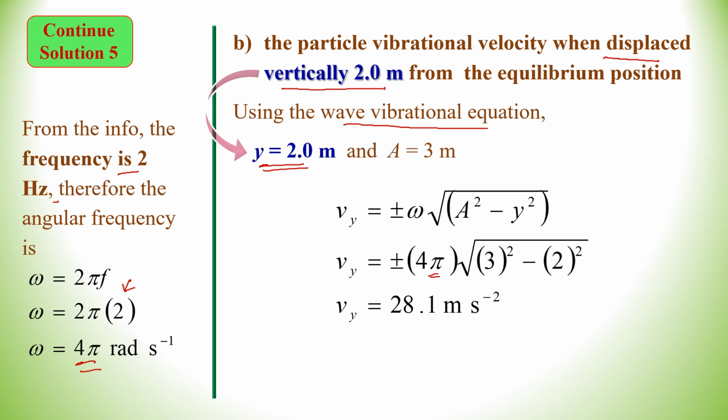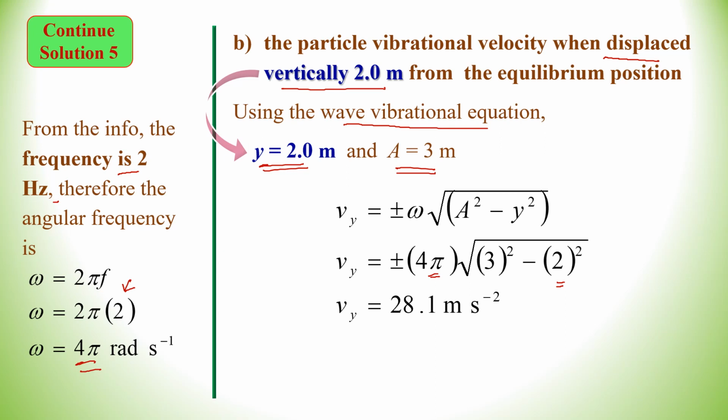So we substitute omega with 4 pi. From the previous slide and the graph, the amplitude is 3 meter. y is substituted with 2, as given in the question, when the particle is displaced vertically 2 meter.